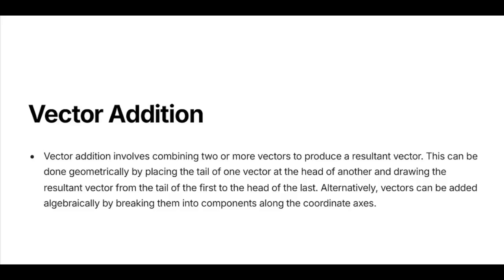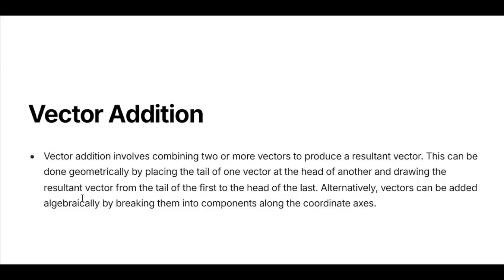Now, after talking about scalars, there is how vectors can be added. They have magnitude and direction, and that addition is what is known as vector addition. It involves combining two or more vectors to produce a resultant vector. It's as though we have vector A plus vector B, and we join them under addition to give a new vector known as the resultant vector.